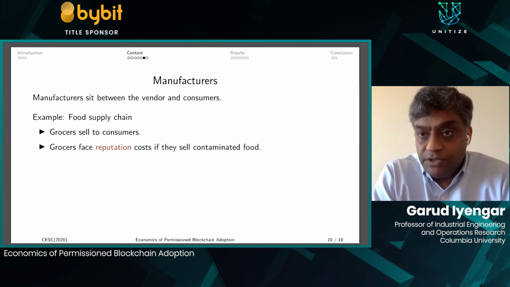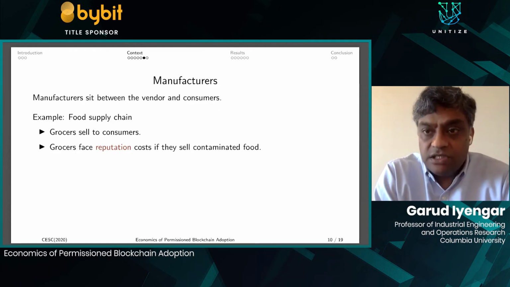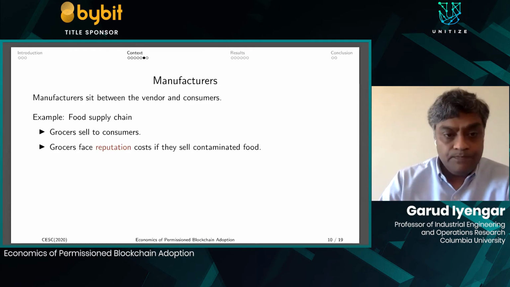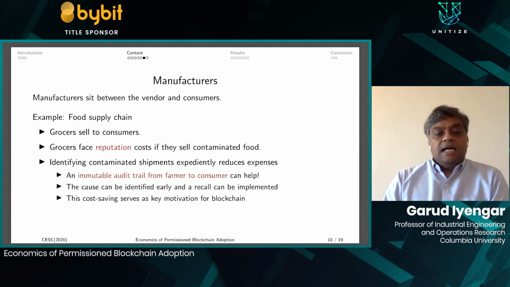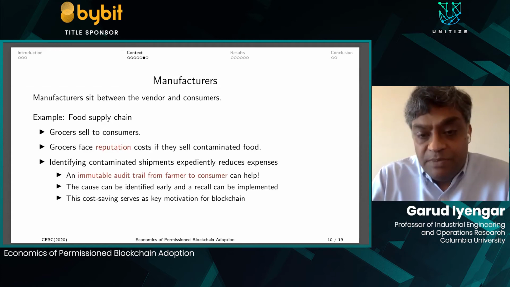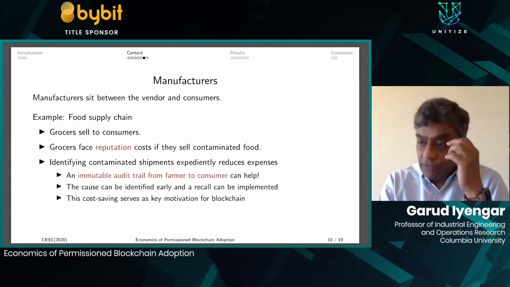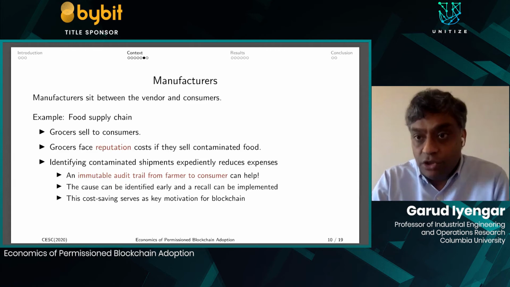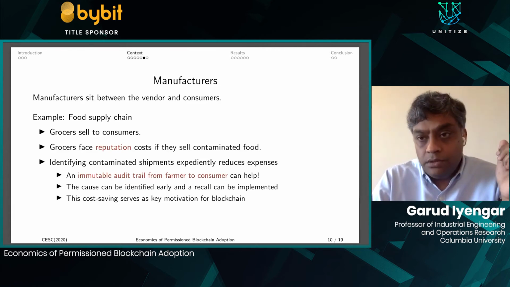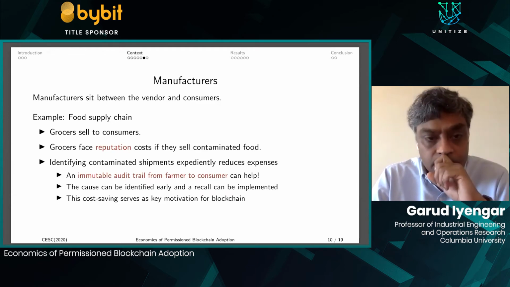If we know that a particular grocer has sold contaminated food, perhaps I don't want to return to that, and so at least there's a short-term dip in their revenue. Identifying contaminated shipments expediently reduces reputation cost, because then you know that this firm has picked up the information quickly and handed it over to potentially the recall people, and the consumers are not going to be hurt as much.